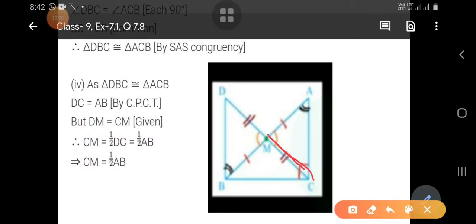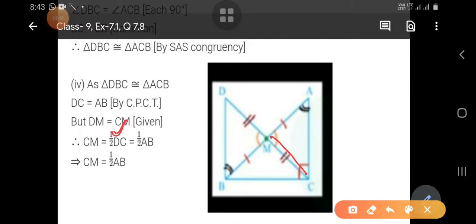This is CM and this is DC. So CM is equal to DC by 2, because M is the midpoint of line CD, as this portion and this portion are equal. So we can write CM as DC by 2.